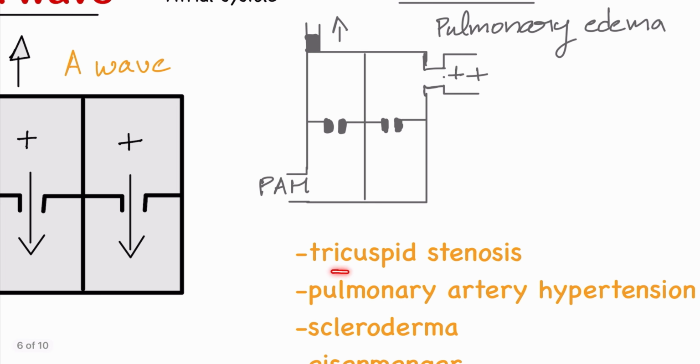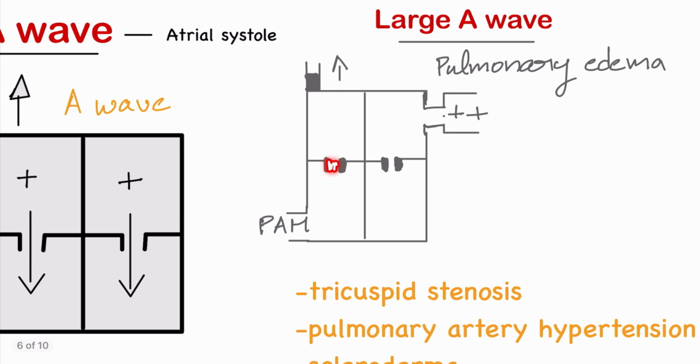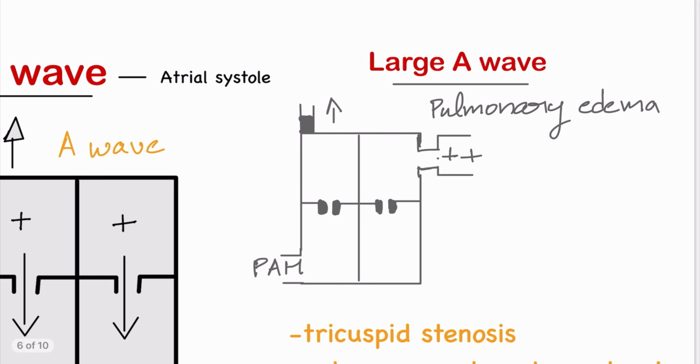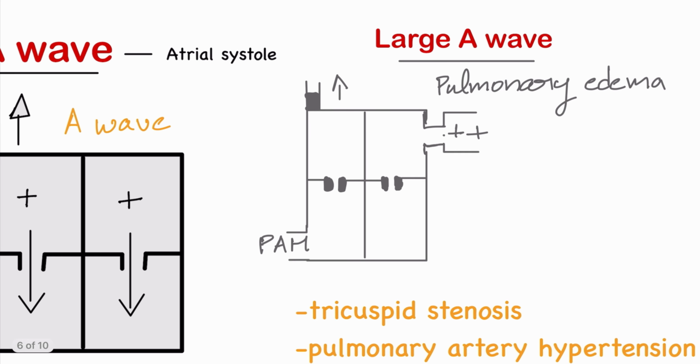For example, in the case of tricuspid stenosis, there is a stenosis in the tricuspid valve. So during atrial systole, when the atria are trying to push the blood down through the stenosed valve, it needs more contracting power, so the pressure here will be more than usual, which can cause a large A wave.